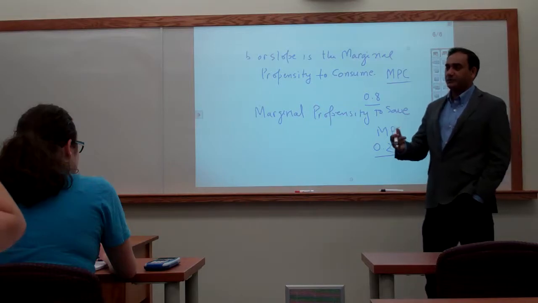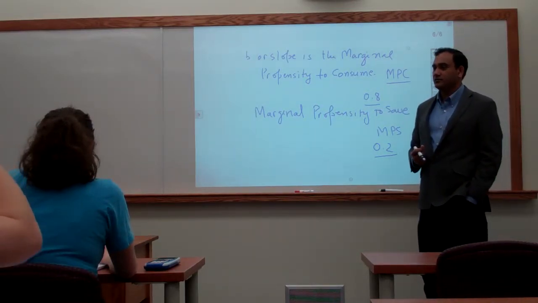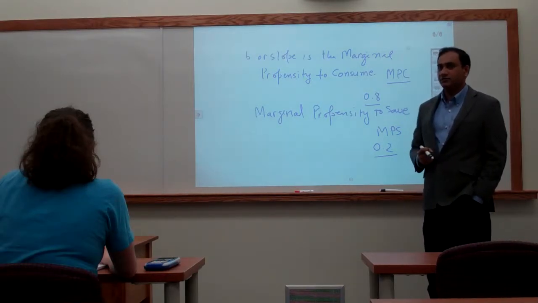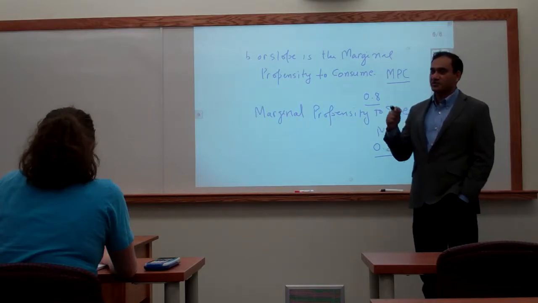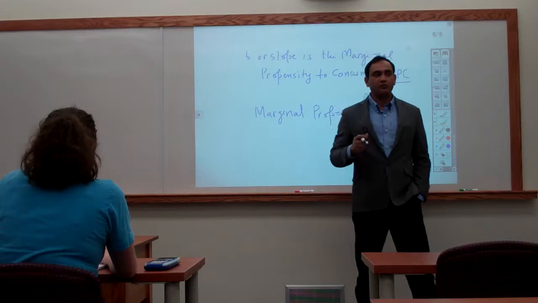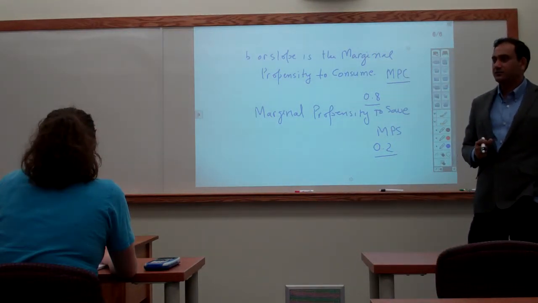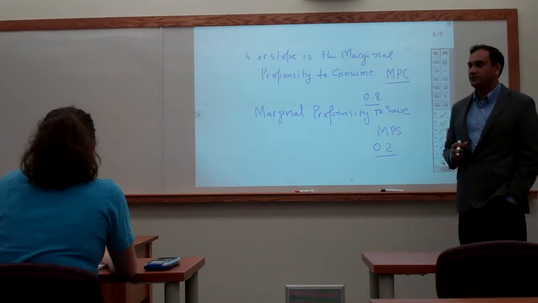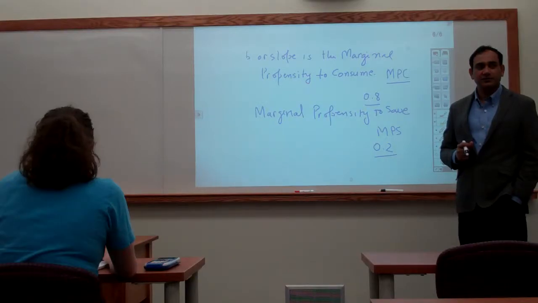So if you add up MPC and MPS, what would you get? So your total income. Marginal propensity to consume and marginal propensity to save. If you add it up, what would you get? Anybody?